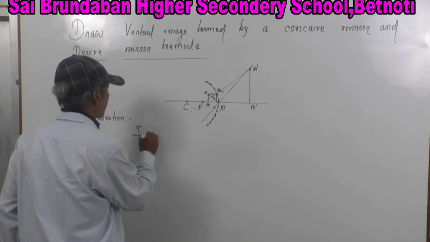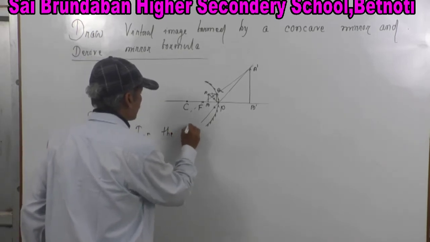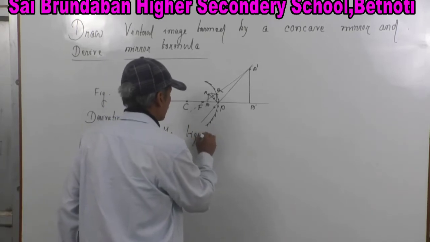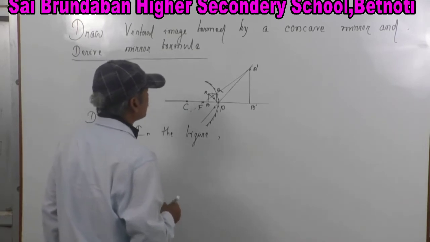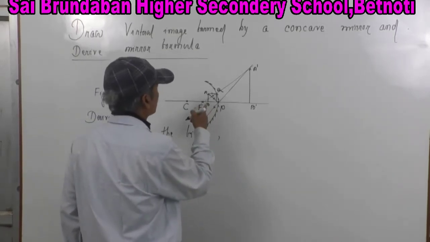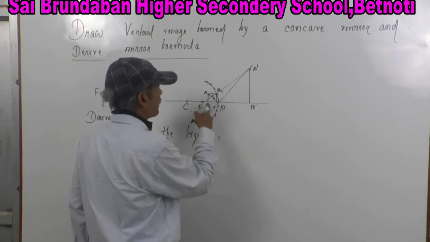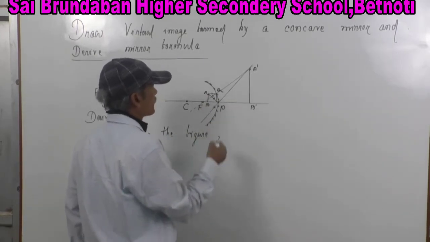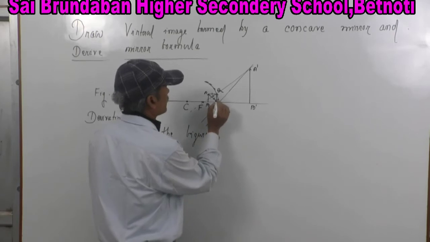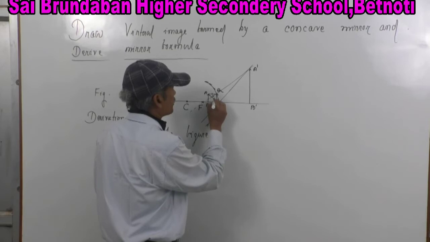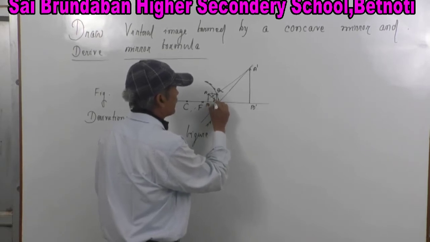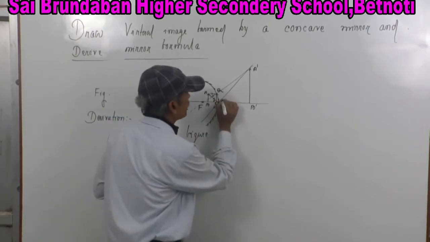In the figure, we have to take the triangles ABP and A dash B dash P. Listen carefully. This is the incident angle, and this one is the reflected angle, and this is the opposite angle.